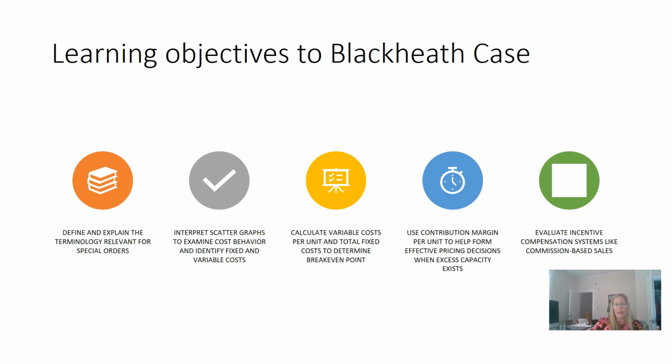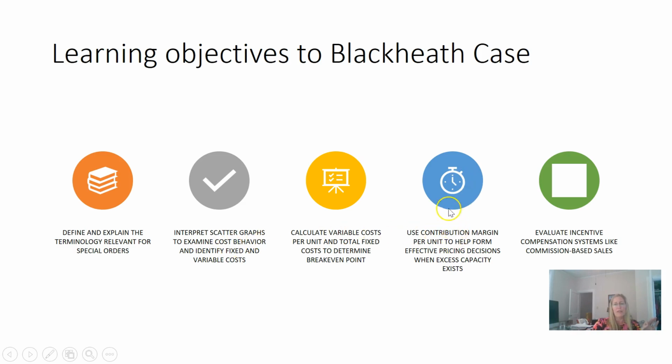Then the scatter diagrams, being able to create them and then interpret them so that you can sort out what's fixed and what's variable, because that's central to understanding the equations. And then calculating variable cost per unit and total fixed cost to determine break-even point. So when I show you the formula in a minute, you're going to see those are the elements that you need. And that's built from what you did in this part of the case using the scatter diagrams.